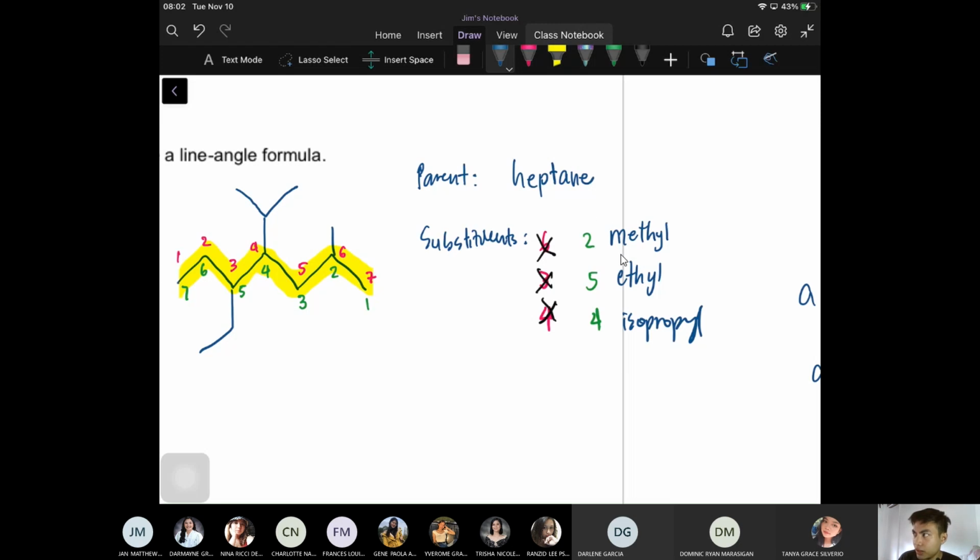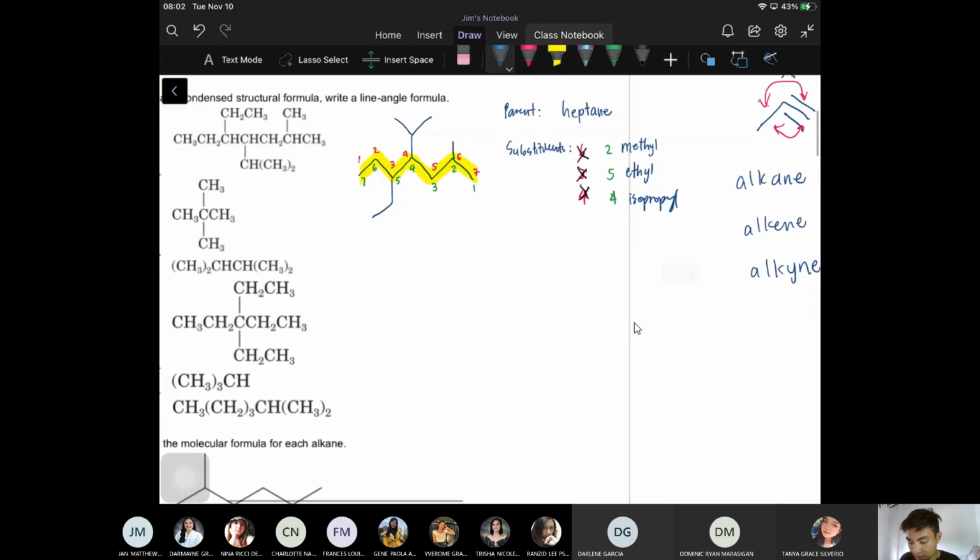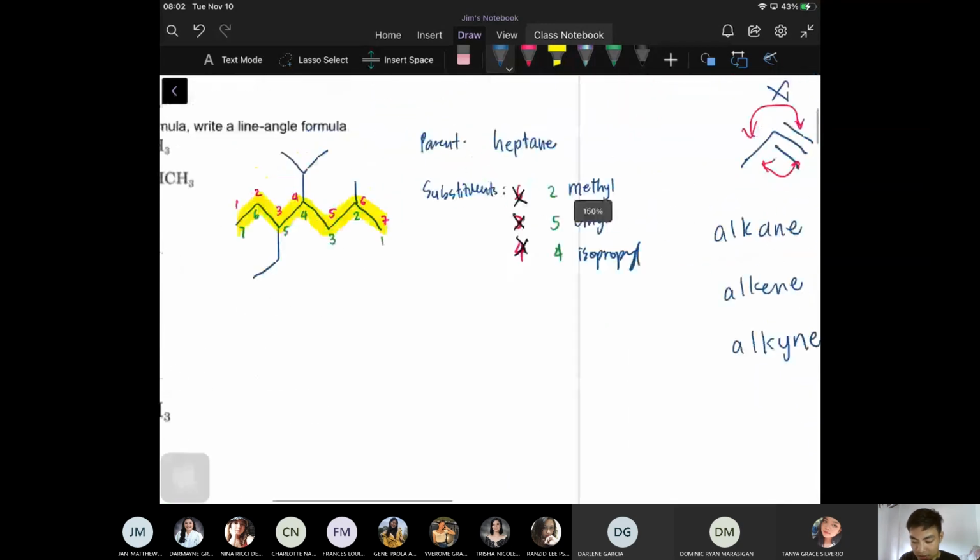So yan, paano natin yan na-arrange yung substituents natin last time? Alphabetically. Okay? So, ano yung mga kasama sa pag-alphabetize? So, ano lang yan? Check mo yung name ng iyong prefixes. Ang iso, sinasama yan sa pag-alphabetize. Ano yung hindi sinasama sa pag-alphabetize?